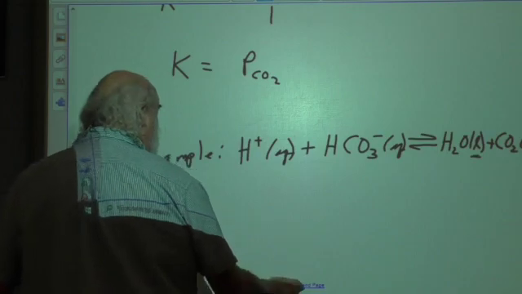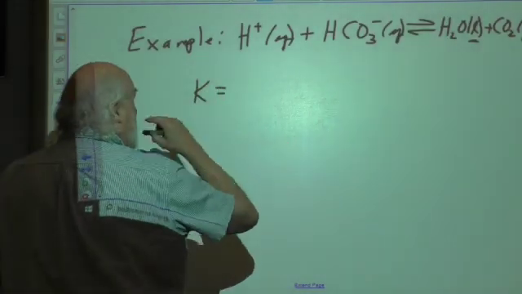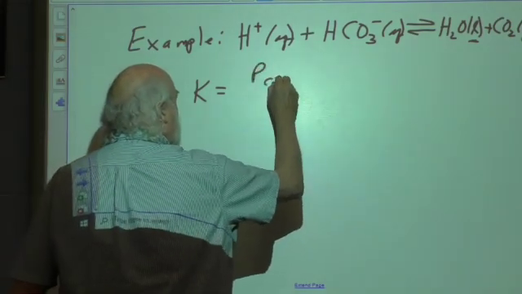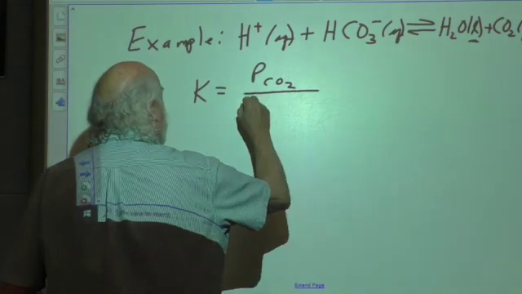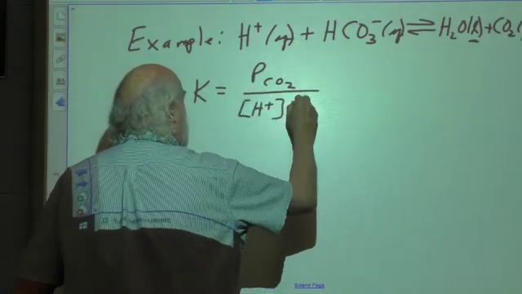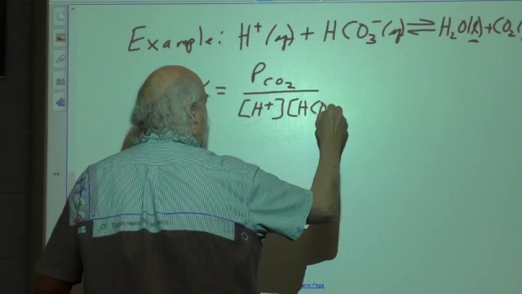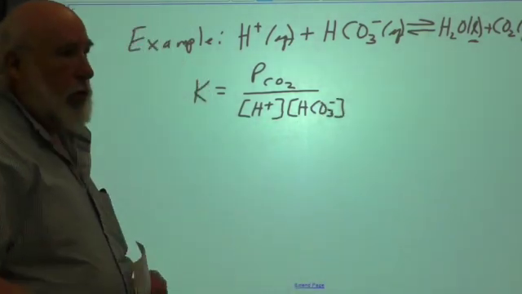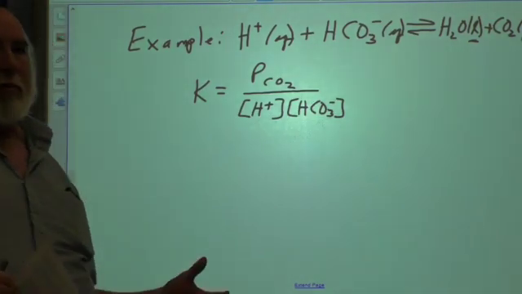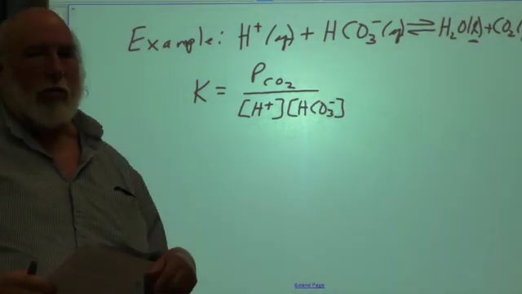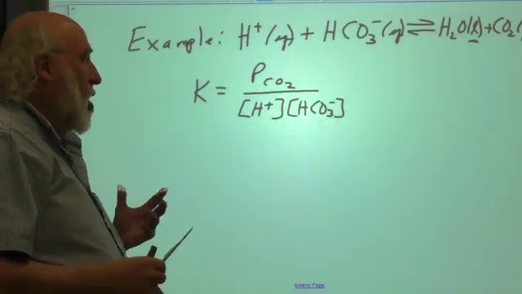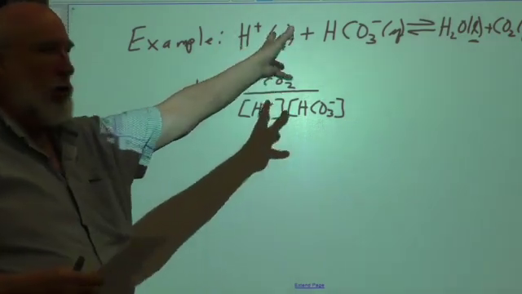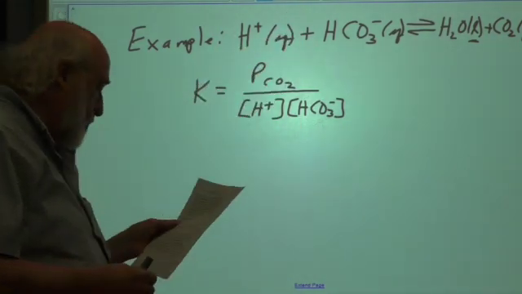So the K expression for this is going to be, again, water is not going to be included, so it's the pressure of CO2 gas over the concentration of hydrogen ions times the concentration of the bicarbonate ions. And that's all there is to that. So you have to be familiar with that because that's going to come into play when we deal with the expression and the values based upon our equilibrium mixture of gases, liquids, solids.